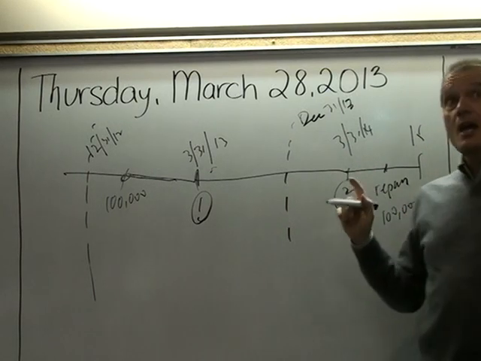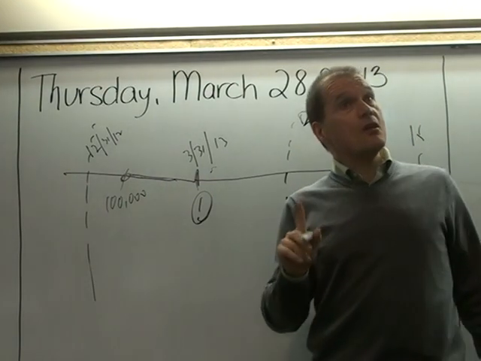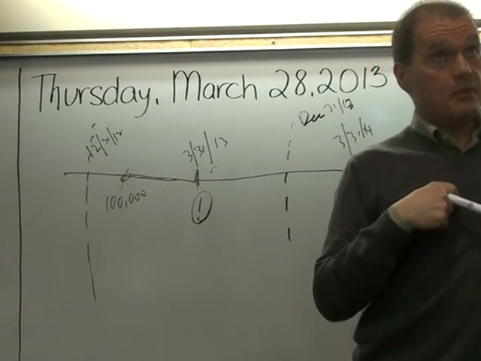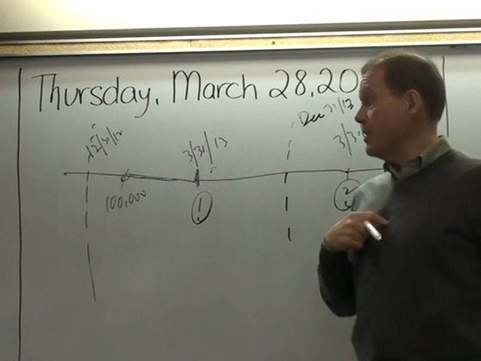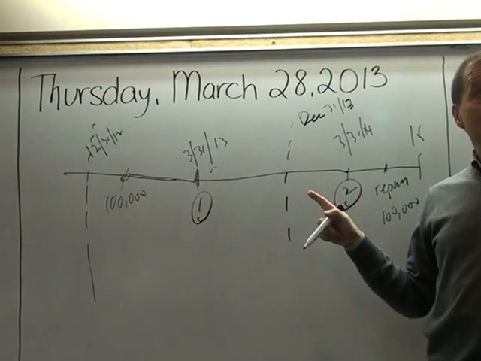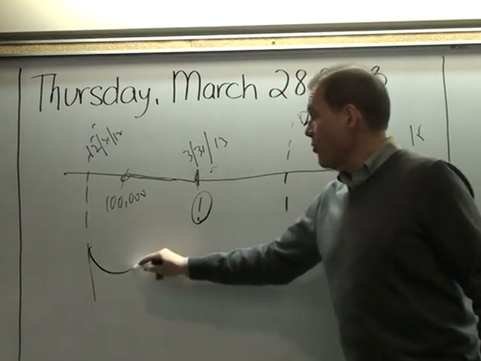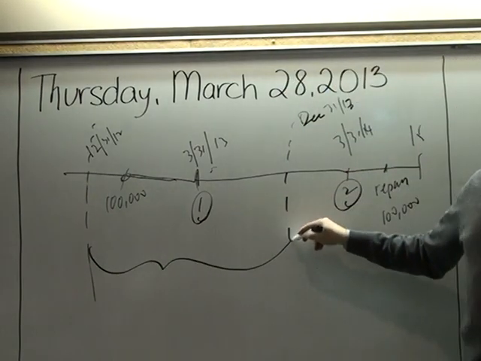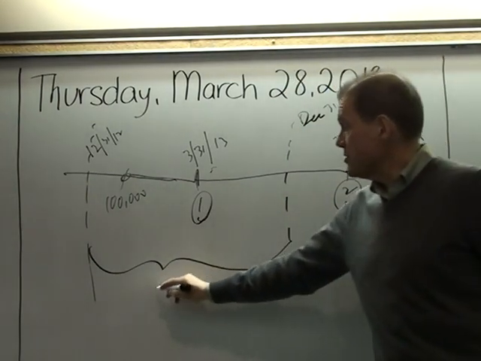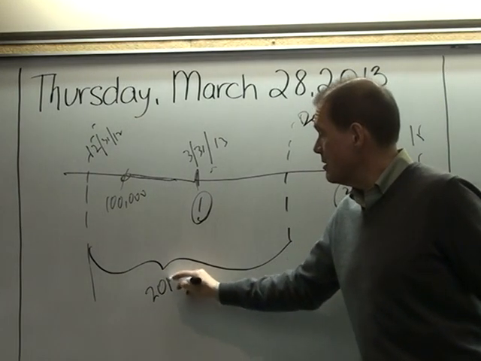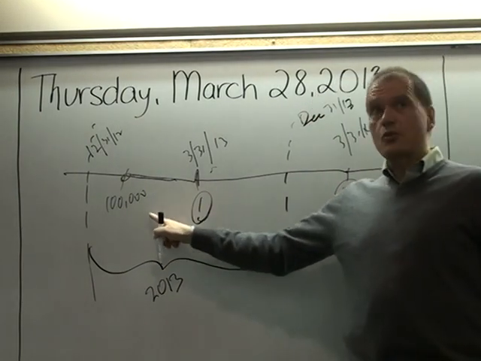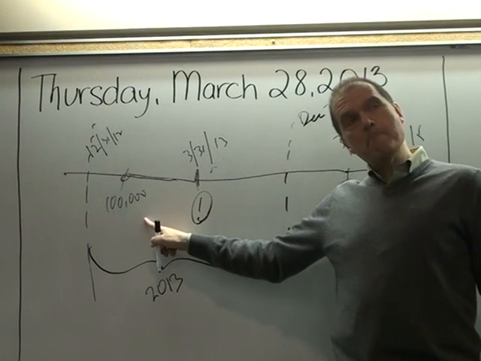Okay? In what taxation year on my tax return does that show up as income? I have to refile my tax return for this, my taxation year, 2013, to include $100,000 in my income.